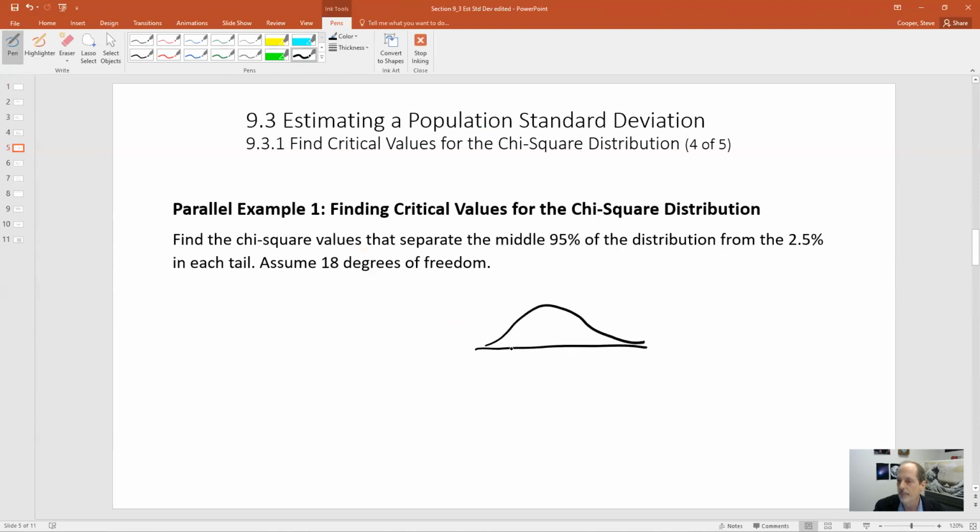then maybe this has got 0.025 area. That would be the 2.5% on the left. And then on the right, since the tail is not as, theoretically not as far, maybe it's here.